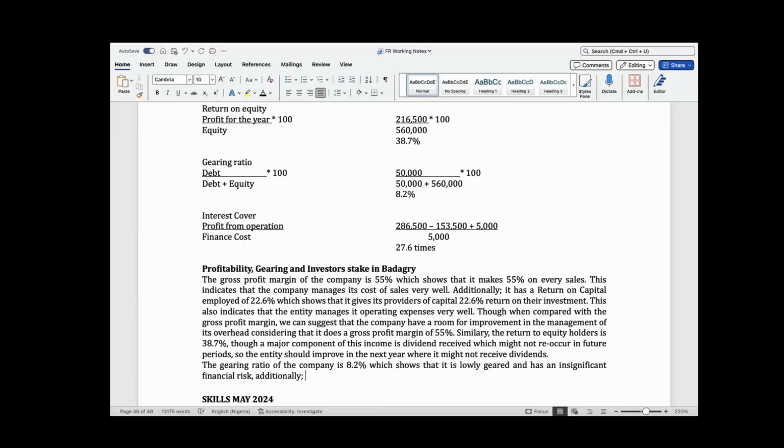Additionally, it can cover its finance costs 27.6 times, indicating good profitability and stability.